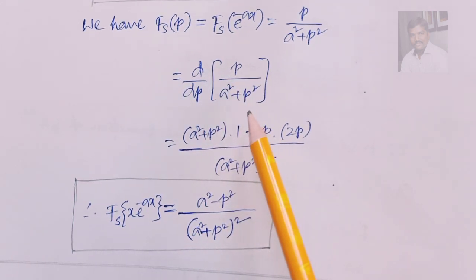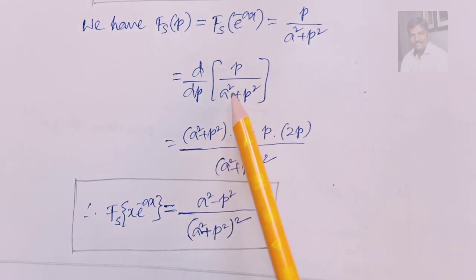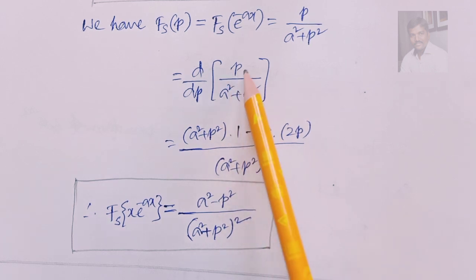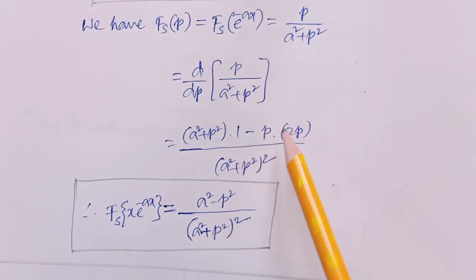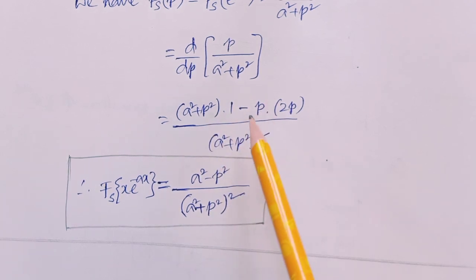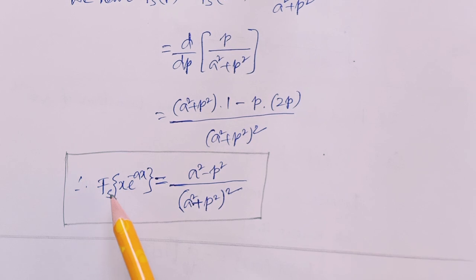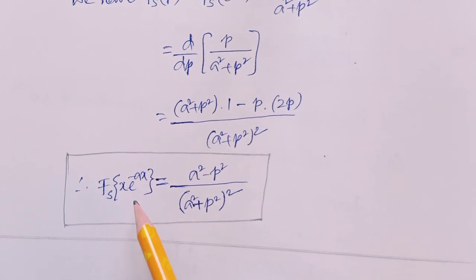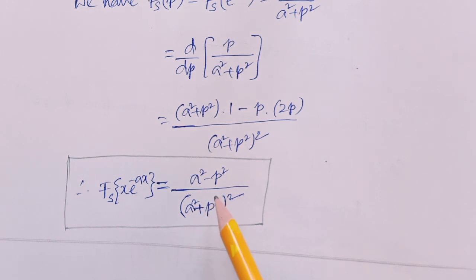Now differentiate this using the u by v formula: v into u dash, that is a square plus p square into 1, minus u into the derivative of a square plus p square, which is 2p, by v square, a square plus p square whole square. By simplifying this, 2p square minus... a square plus p square minus 2p square is a square minus p square. Therefore, the Fourier cosine transform of x into e power minus x is equal to a square minus p square by a square plus p square whole square.